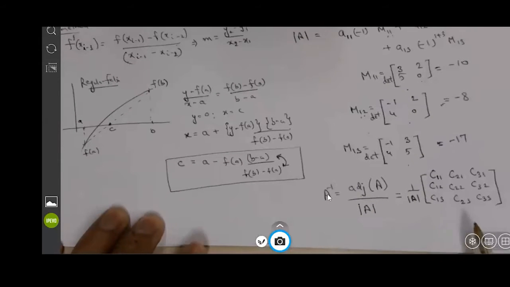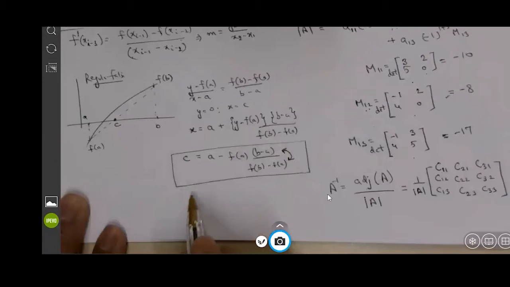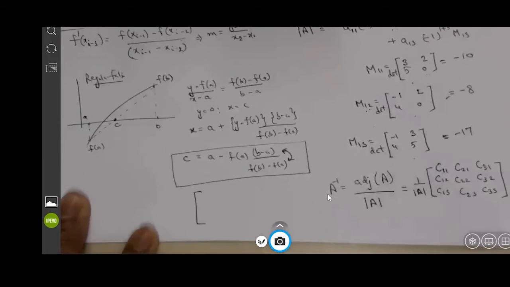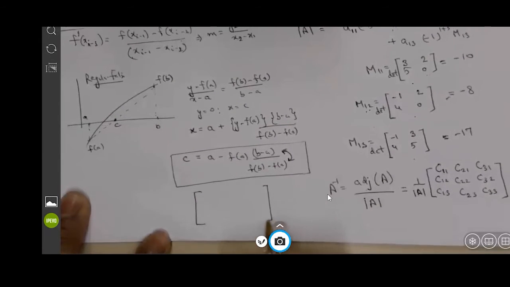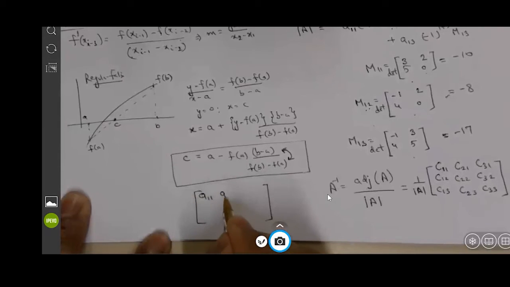Now, if you are using this to write code, such as MATLAB code, you must remember that generally the first index represents a row and the second index represents a column. So when referencing matrix elements, I generally reference them like this: A11, A12, A13, A21, A22, A23, A31, A32, A33. First row first column, first row second column, first row third column, second row first column, and so on.